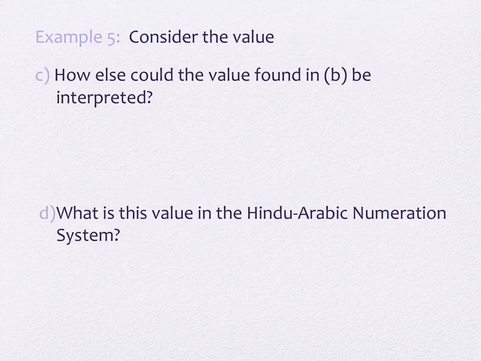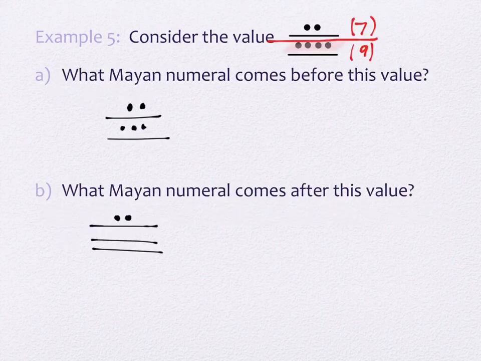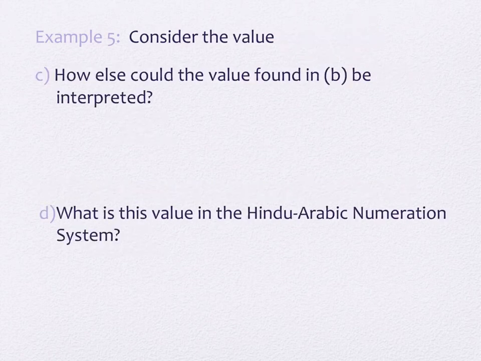This one actually looks a lot like another digit. What did it look like? It should look a lot like 17, right? Each line's worth 5, 2 dots, 3 lines and 2 dots, so it could be 17.